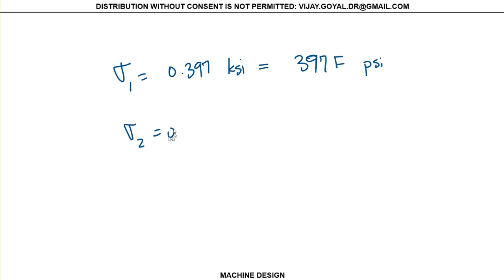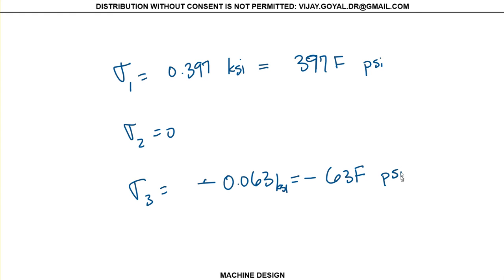Sigma 2 is 0. Sigma 3 from my code, I find this is minus 0.063. So that gives you minus 63. This is KSI. And now I'm going to say this is equal to times F PSI. Remember, I eliminated the F. Now I can put the F back into my problem.